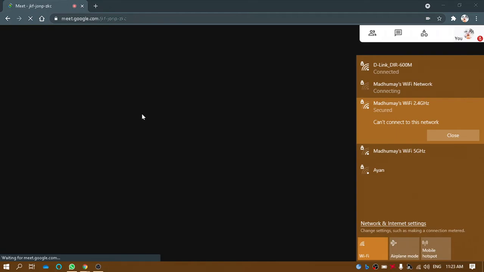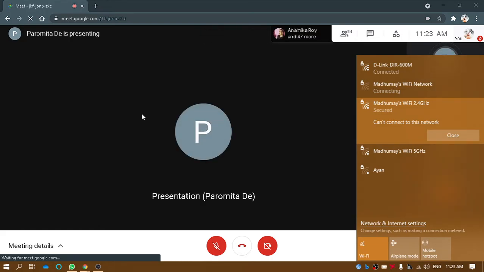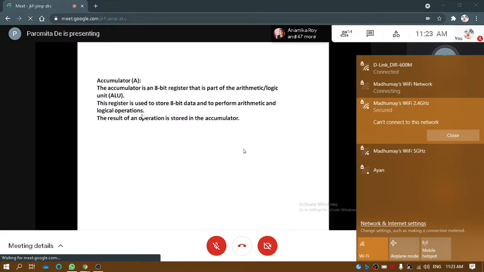The microprocessor unit, MPU. What happens? This register is used to store 8-bit data and perform arithmetic and logic operations. The result of the operation is also stored in the accumulator.